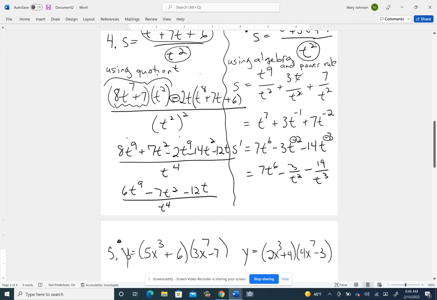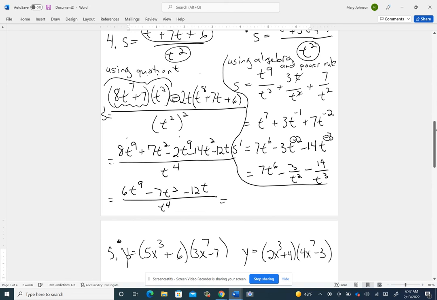All right, so then when I simplify that, I'm going to wind up with, what do I have? I'm going to put it right over here. This is the derivative started right there.